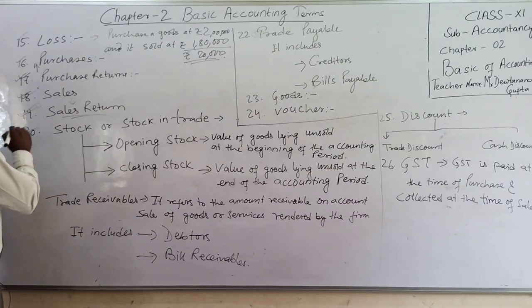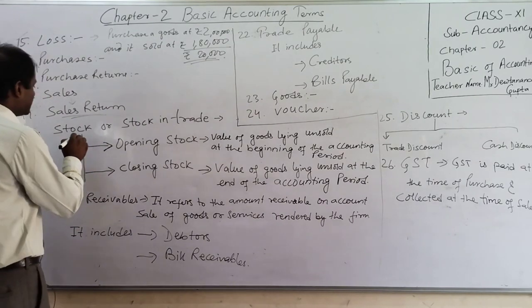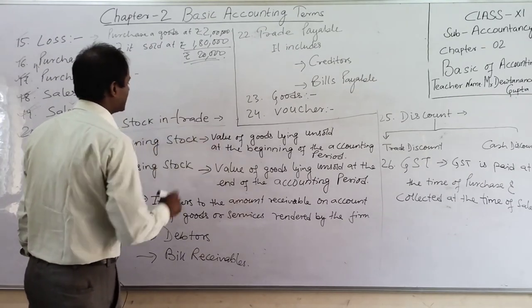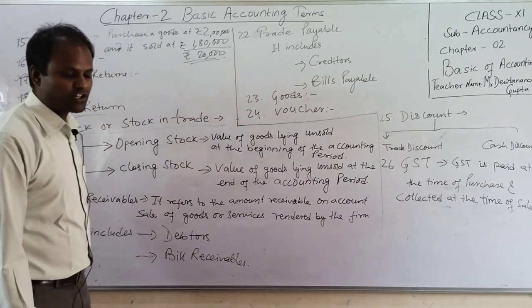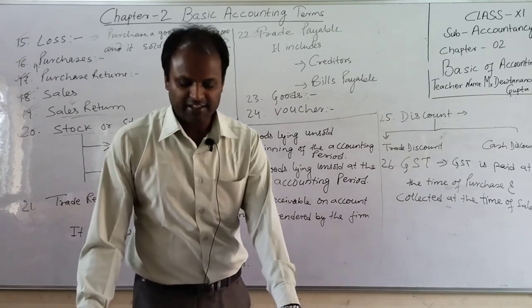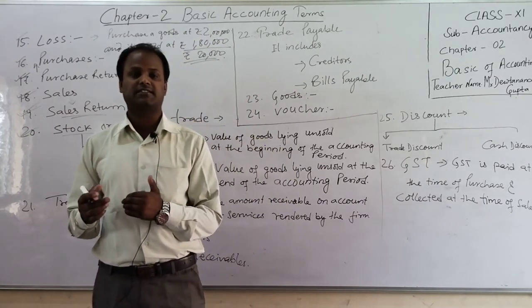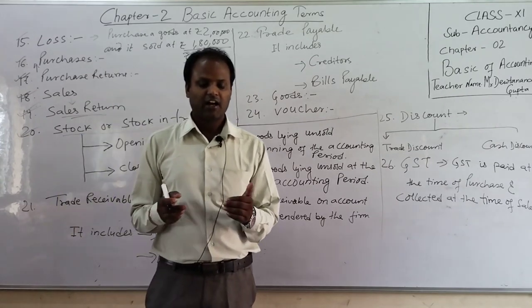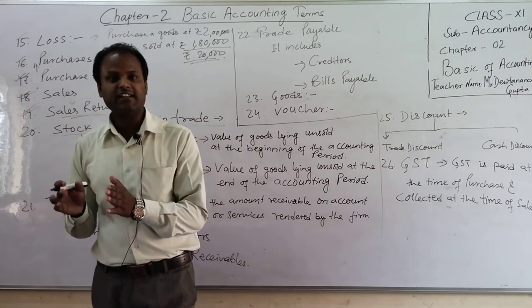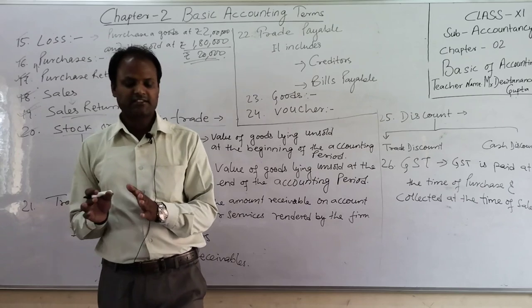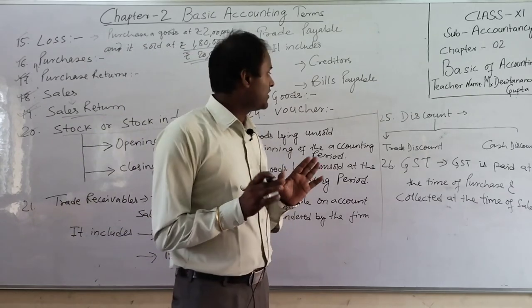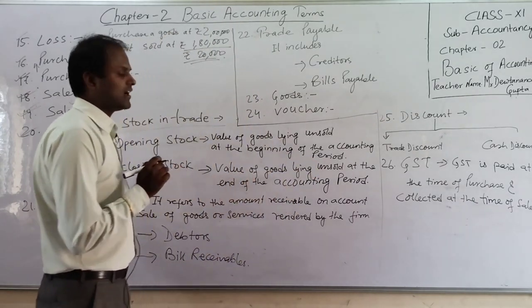Now let us go to the next point, that is stock in trade. Stock or stock in trade refers to the value of those goods which are purchased for reselling and which are lying at the end of the accounting period. Here the term accounting period came.